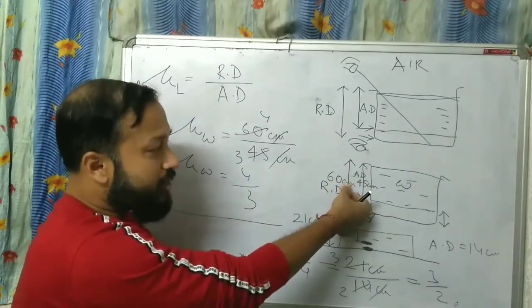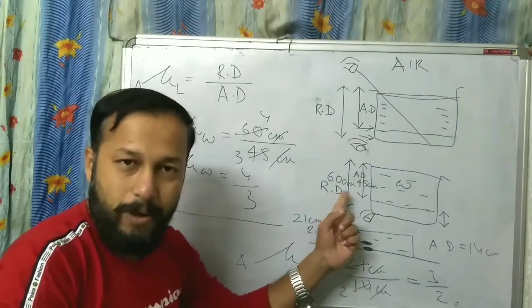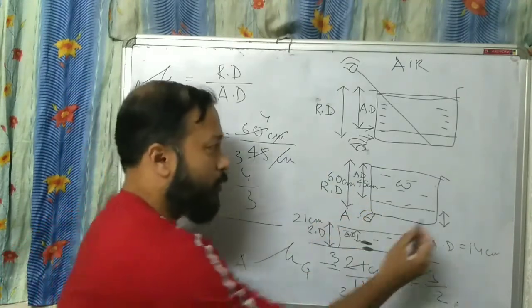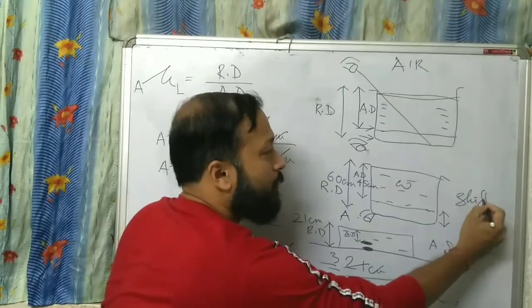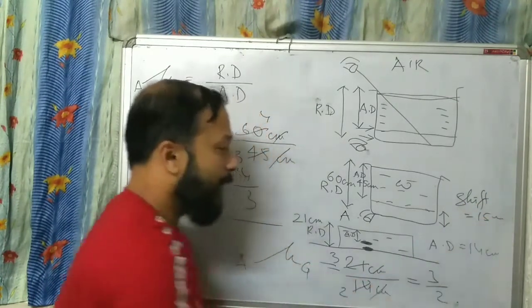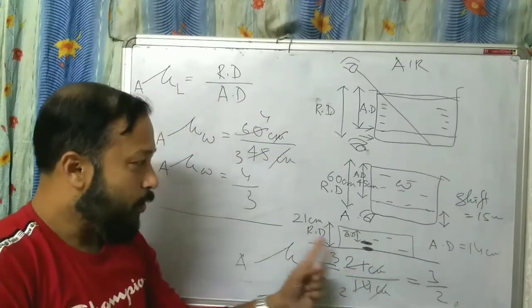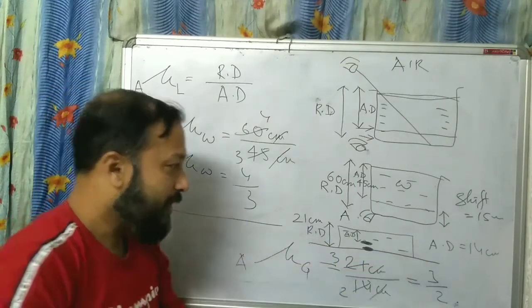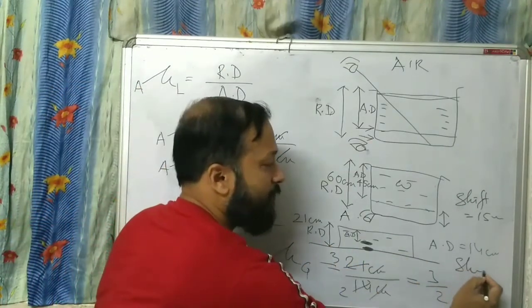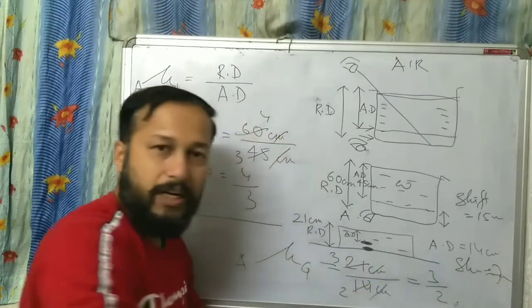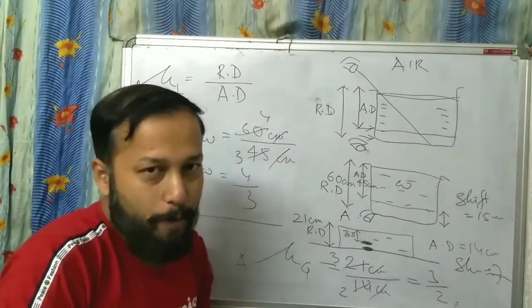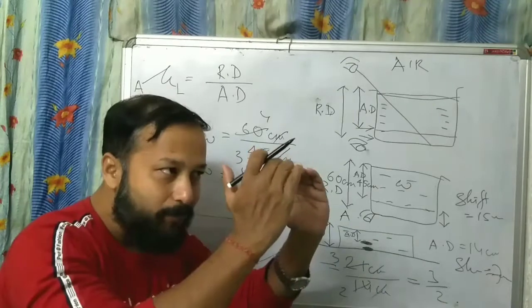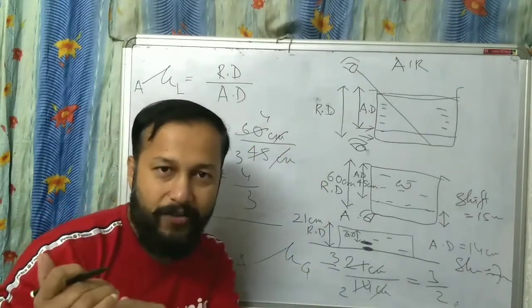So in this first case, what is the shift? 60 minus 45, that is 15 centimeter. So shift equals 15 centimeter. And what is the shift here? 21 minus 14, that is 7 centimeter. Shift is 7 centimeters.